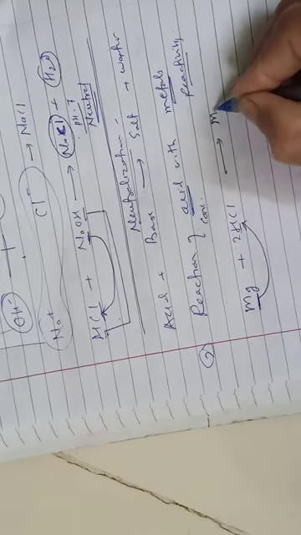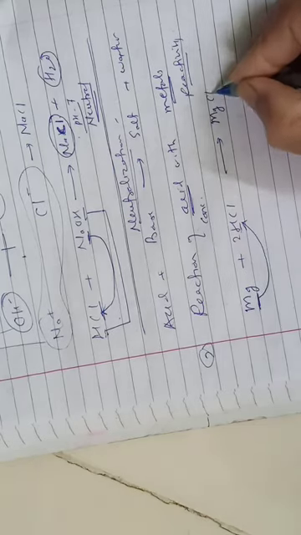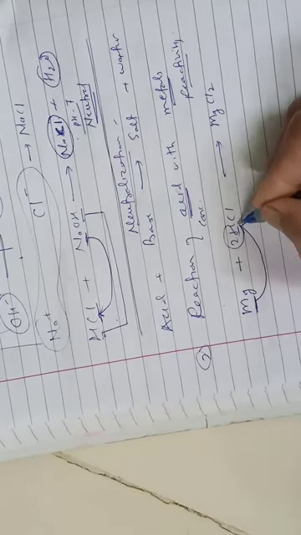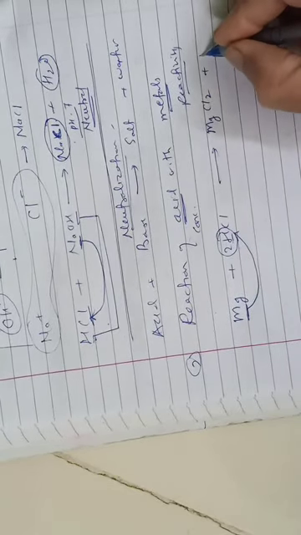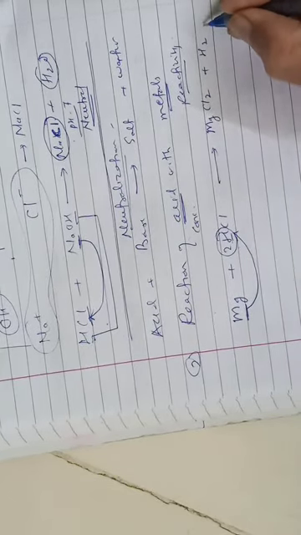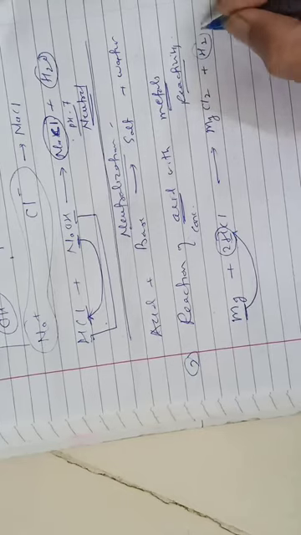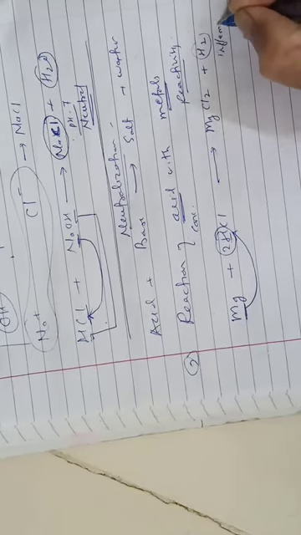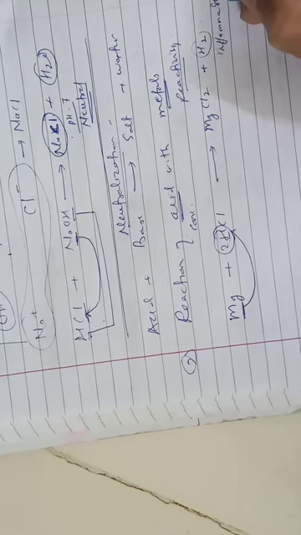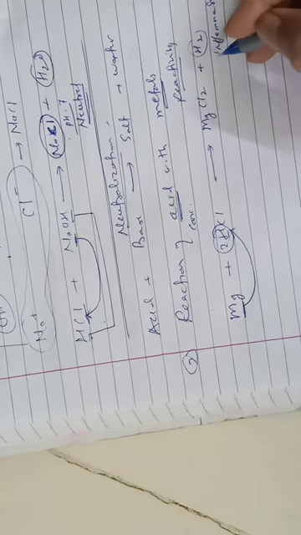As a result, it forms MgCl2, and the hydrogen displaced by magnesium is released in gaseous form. This hydrogen gas is inflammable. It catches fire when released into the air.